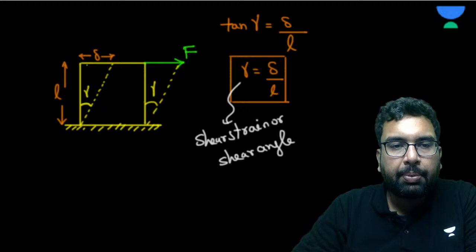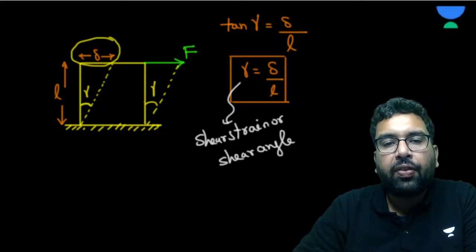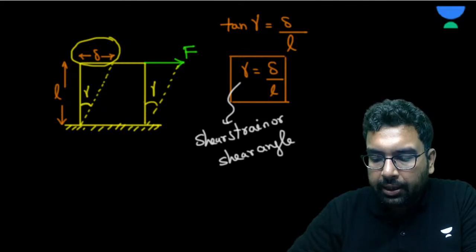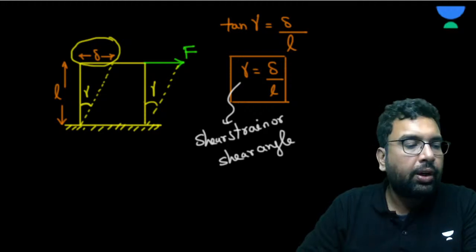If you see the dimension, there will be some displacement delta, and the surface is going to displace somewhat like this.